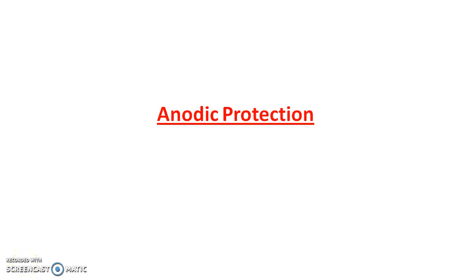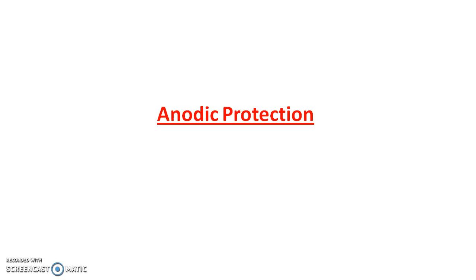Welcome all of you. In this video session, we are going to learn a new concept, that is methods used for corrosion control. As you know, there are various methods which are useful for corrosion control.